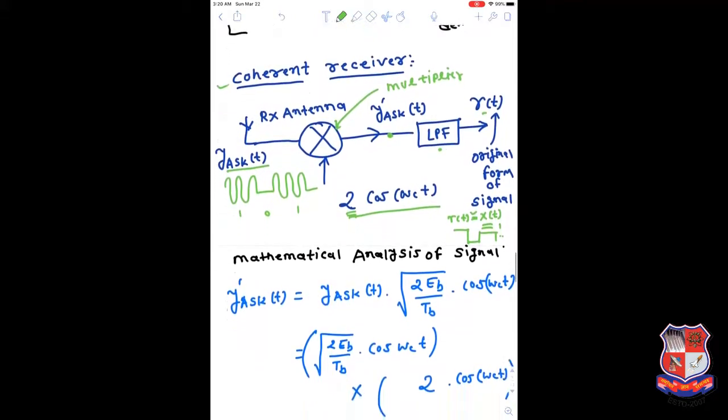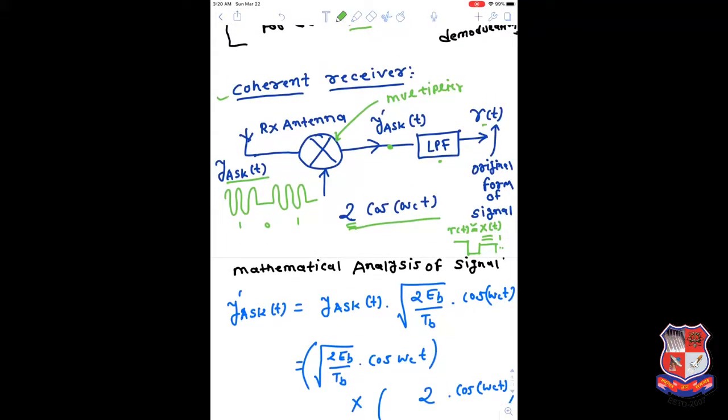So we will see the mathematical expression for how this can be achieved. Let's say this point is x1, and this point here, where we get the original signal back, is y1. So how this journey from x1 to y1 can be achieved, we will see about this.